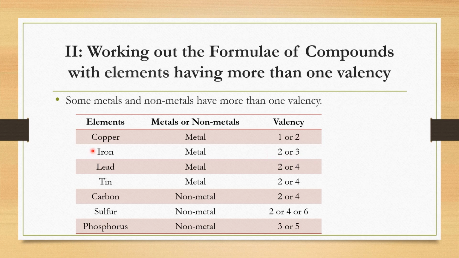The table gives you examples of some metals and nonmetals which exhibit more than one valency. Now we will learn how to write the formula of compounds with elements having more than one valency.